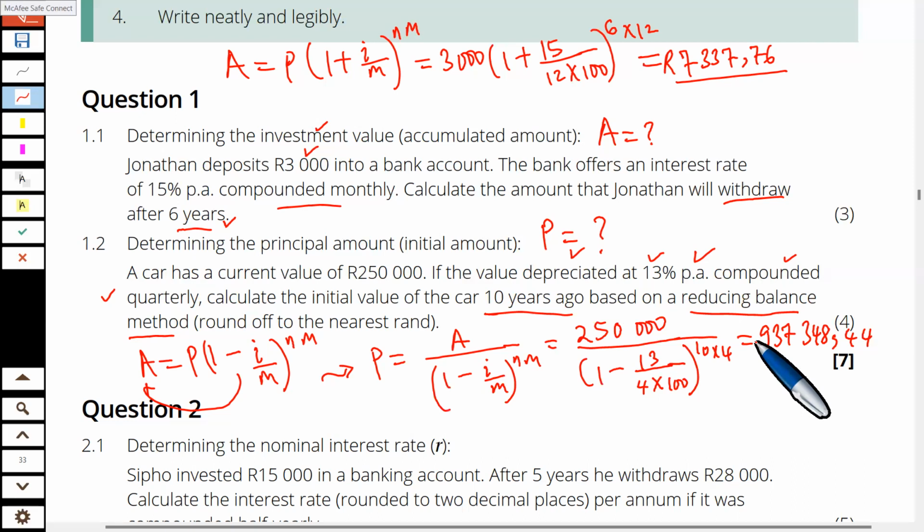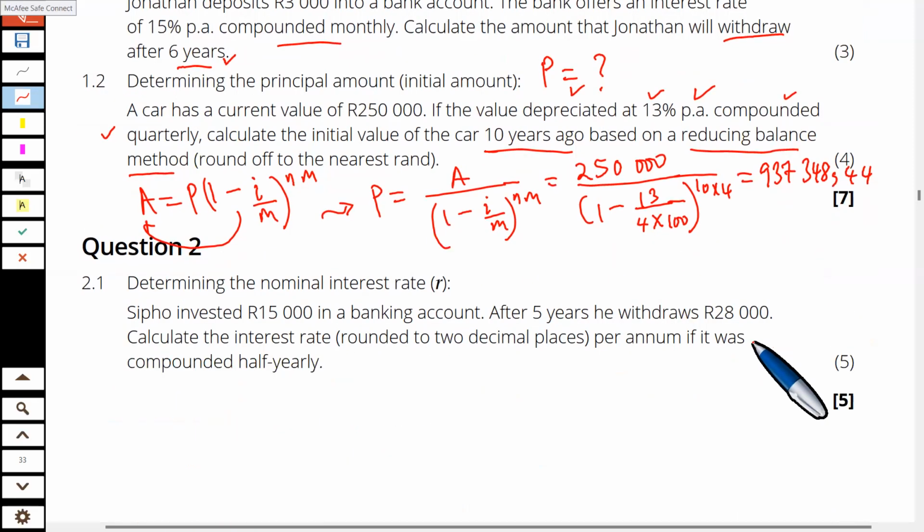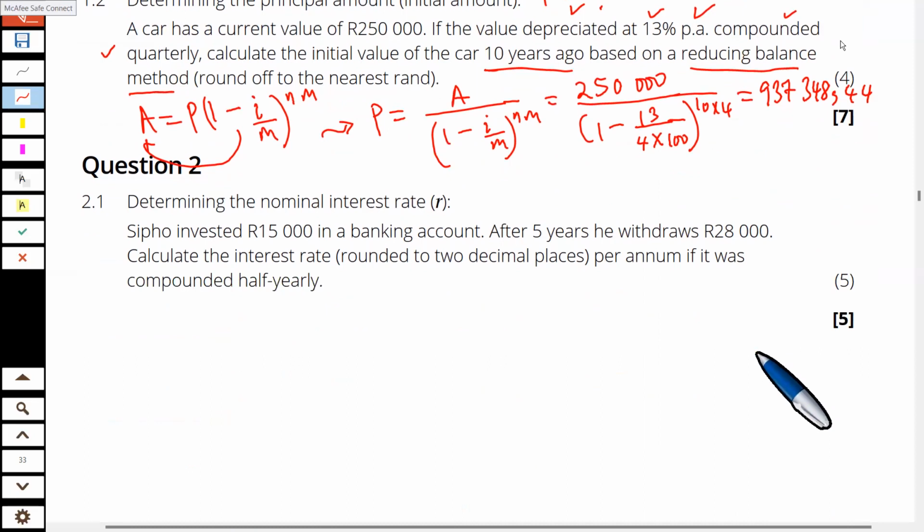Okay, so yeah, we continue. Right. Let's look at this one. Determining the nominal interest rate.